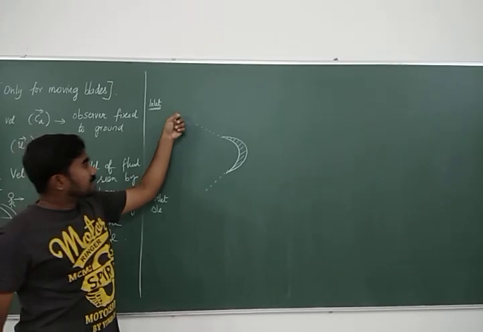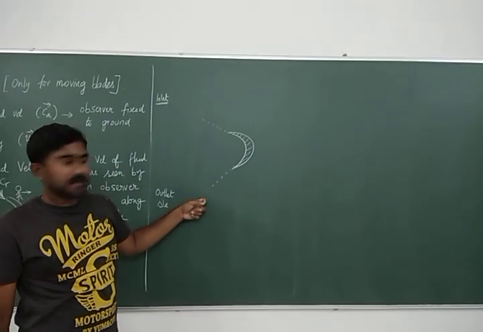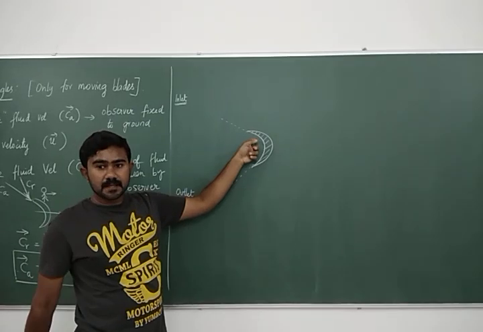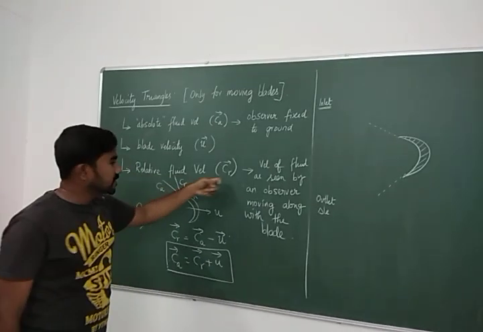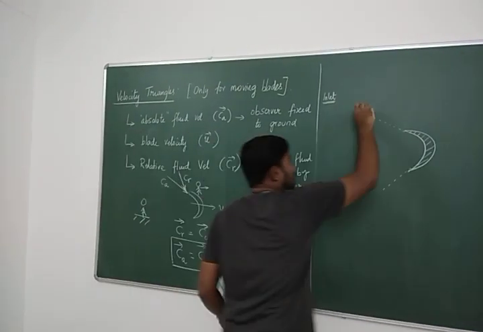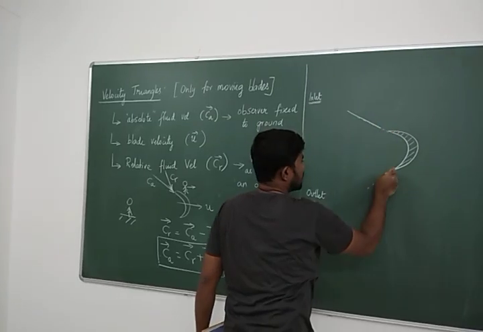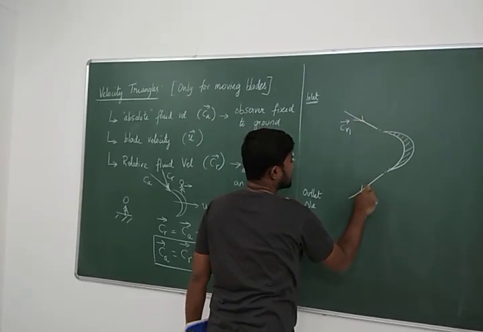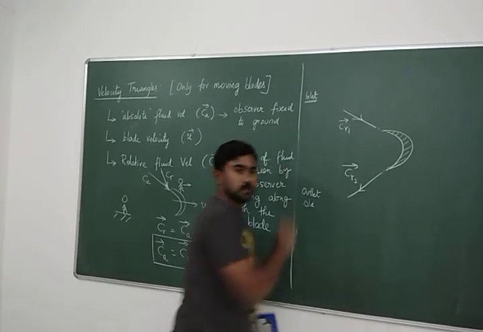At the inlet and outlet of the blade, which vector among these three should be aligned to the blade? The relative velocity. The relative fluid velocity should be along the blade. So this should be CR1 and this should be CR2.